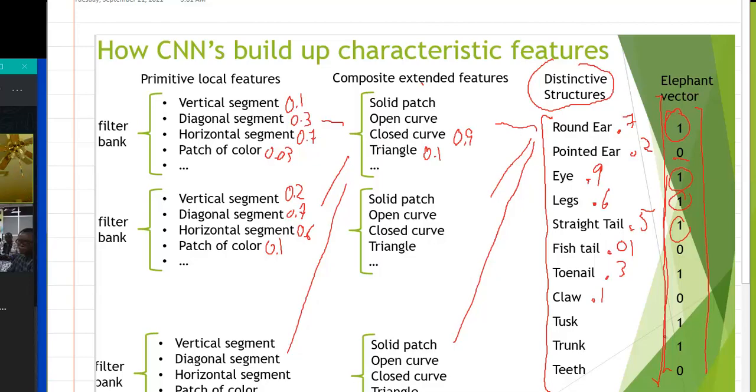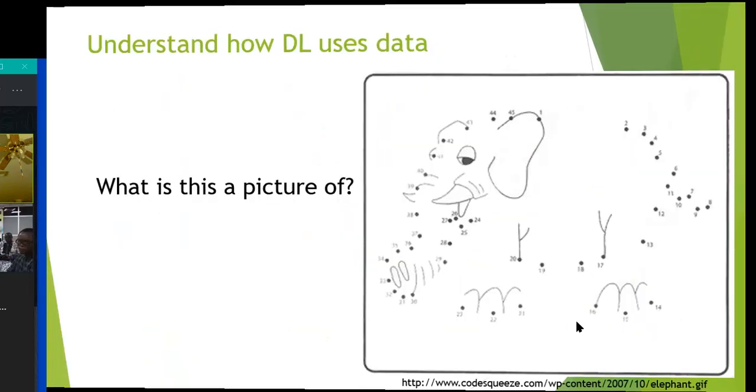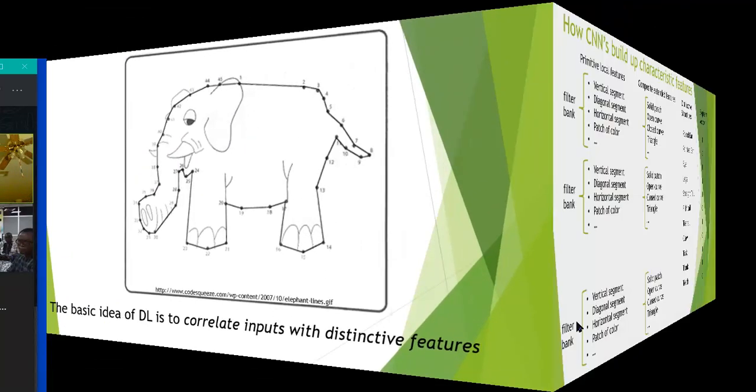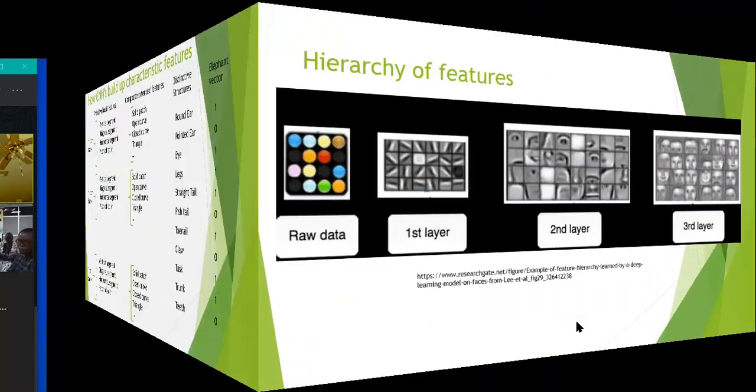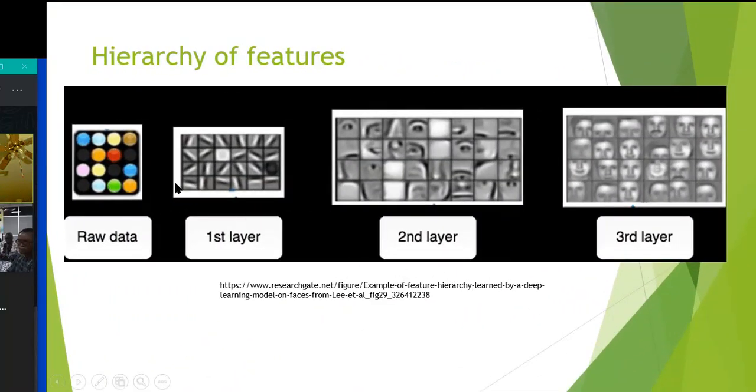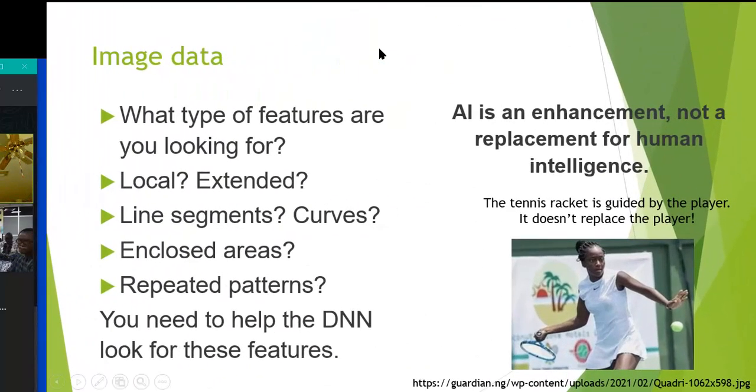So let me go back to my picture here. All right. So you have this hierarchy of features. I really am going over my time, so let me move on. I do want to get to other data.